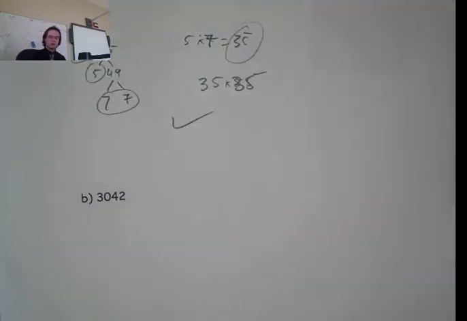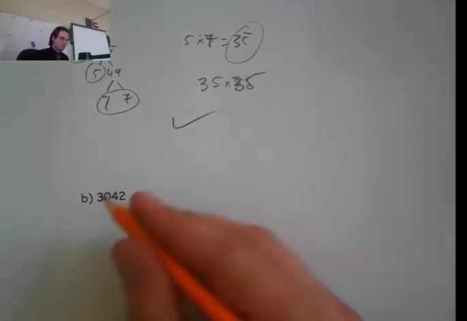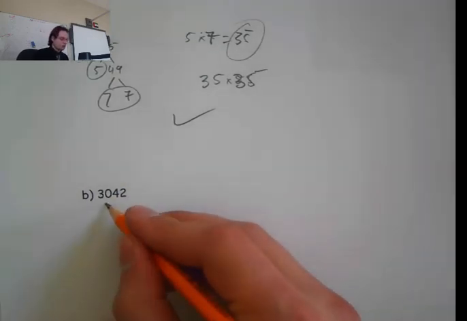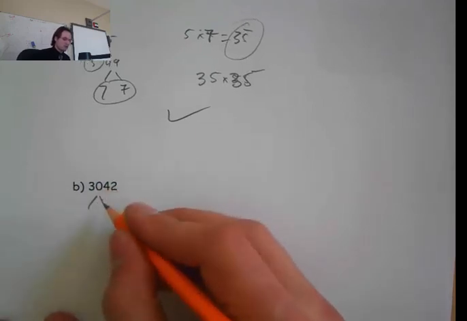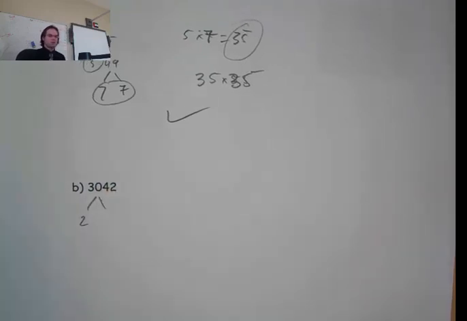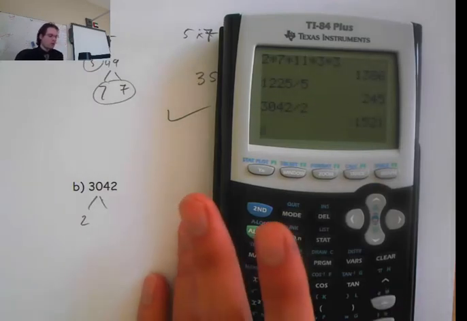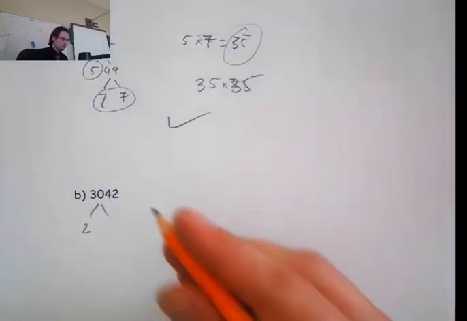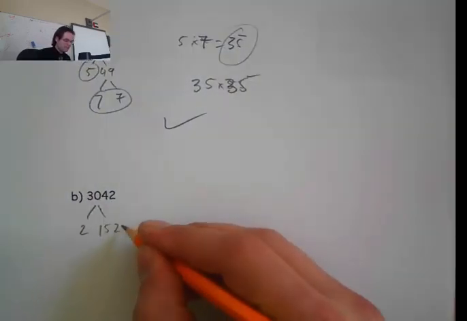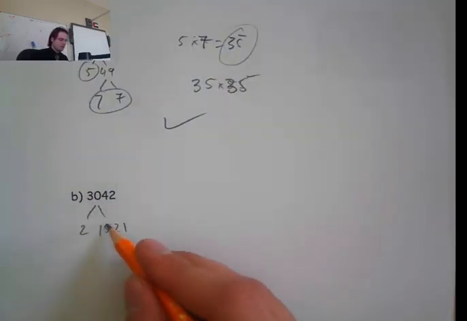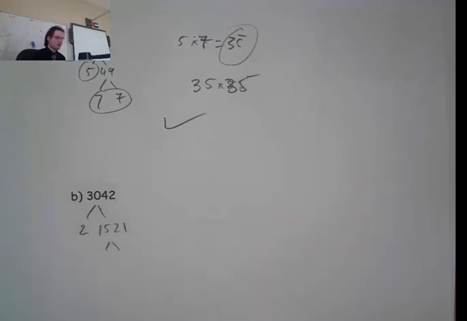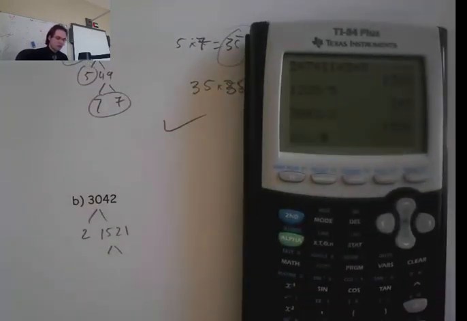Let's take a look at this next one, 3,042. Well, let's start my prime factorization. I can divide both by 2. So we go 3042, and we divide that by 2. We want to get 1521. Okay? 3 and 6 is 9, so I know that could be divided by 9. I'm going to divide that by 9.